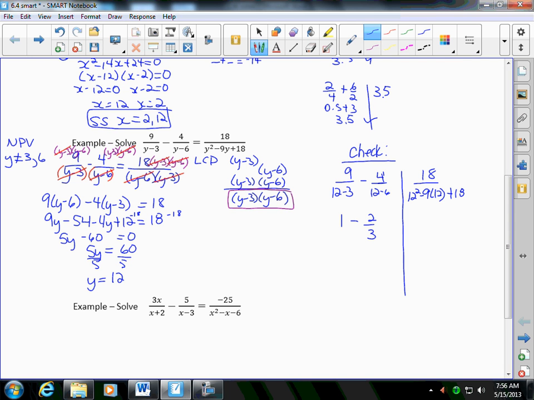So 1 minus 2/3 is 1/3. If I check this side, I have 18 over 144 minus 108 plus 18. So that is equal to 18 over 54, which reduces to 1/3. So this is my solution set. That is my restriction.